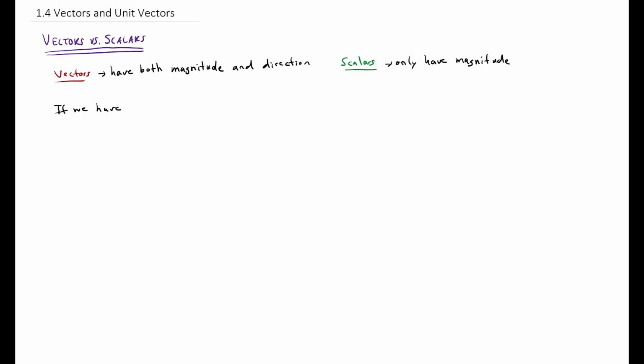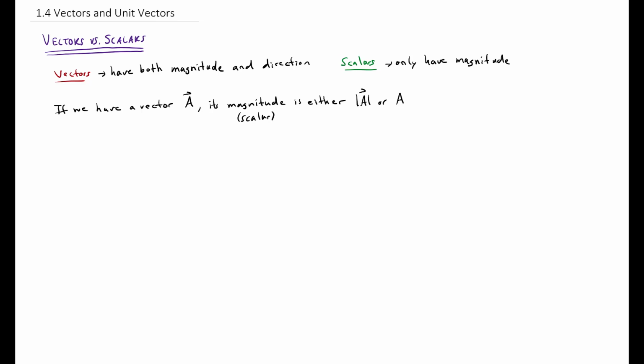if we have a vector A, which is represented by the letter A with the arrow on top, its magnitude, which is a scalar quantity, is either represented by the absolute value of the vector or simply just the letter without the arrow.